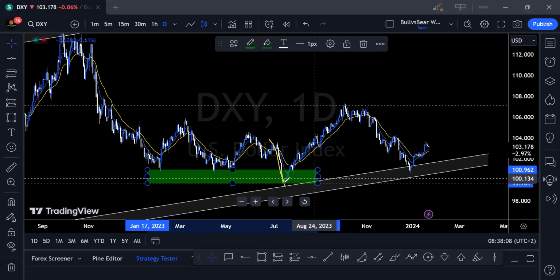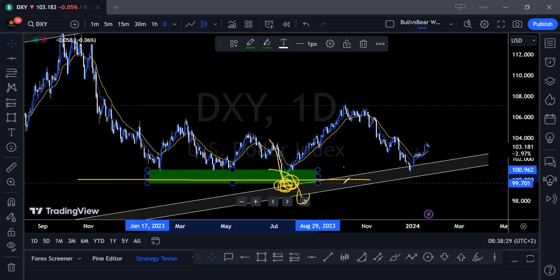When two supports meet at the same time, what do we call that area? We call it the area of confluence. The area of confluence, meaning that there is less chance that the market can break the support where two supports meet at the same time, or more than two supports.